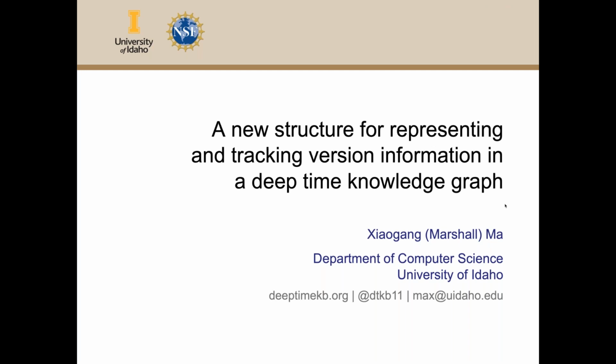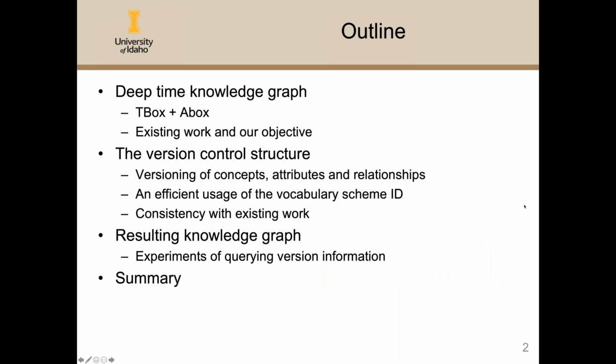Okay, let's go on. I will present a few parts. First is just a very short introduction to our understanding of the knowledge graph, especially for those who are not familiar with ontologies and vocabularies.